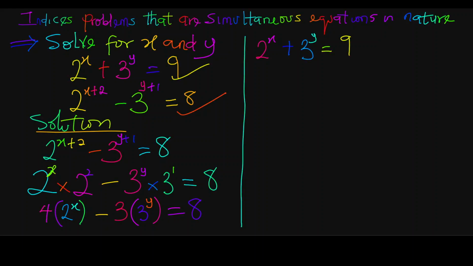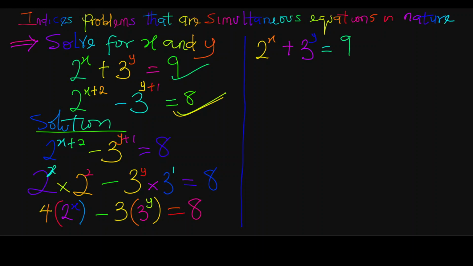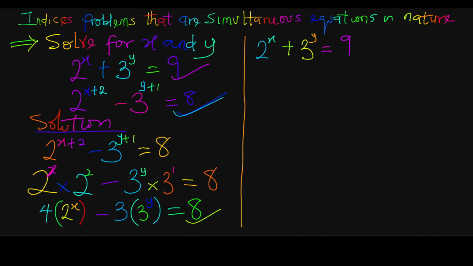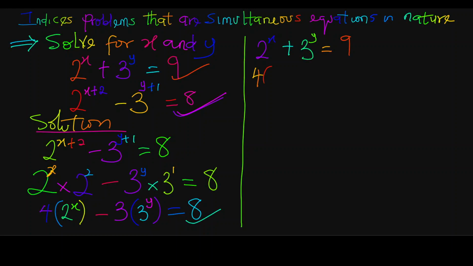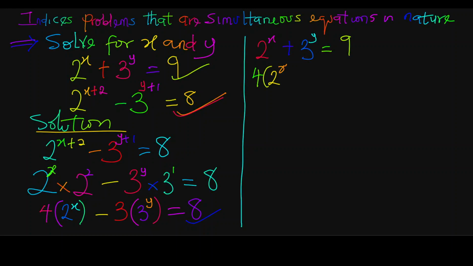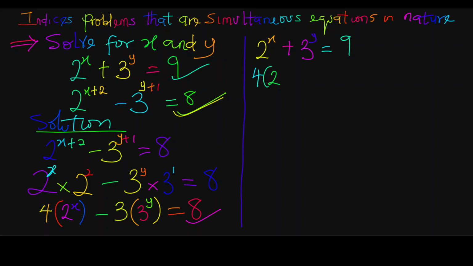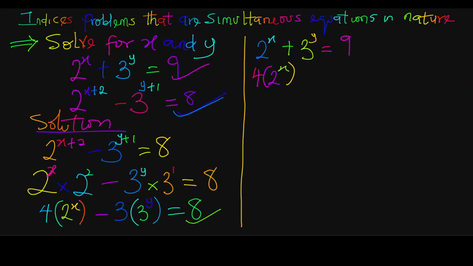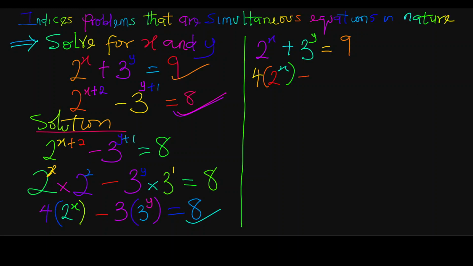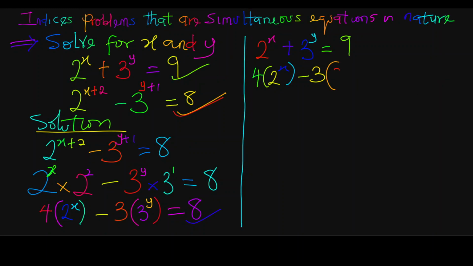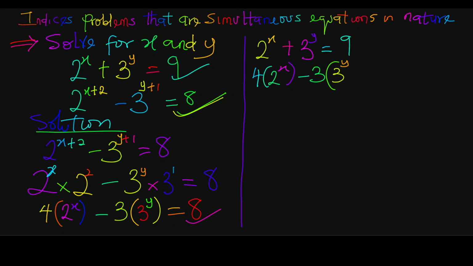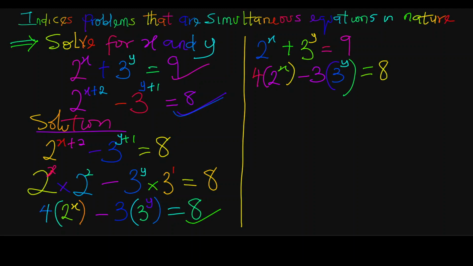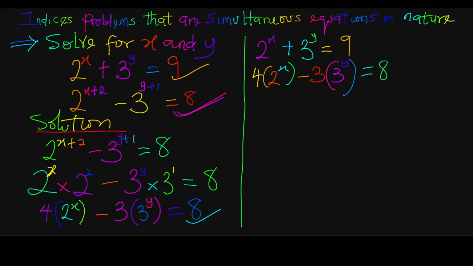The second equation given to us, which we've further simplified, is 4 into bracket 2 raised to the power of x, minus 3 into bracket 3 raised to the power of y, everything equal to 8. So this is what we are now going to be solving.